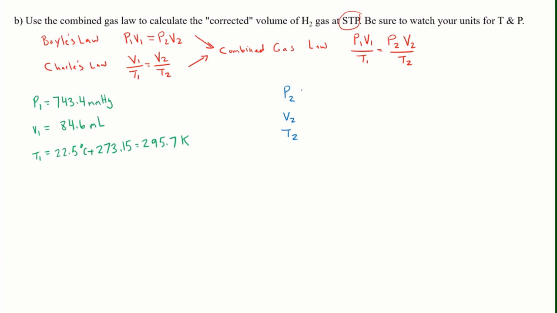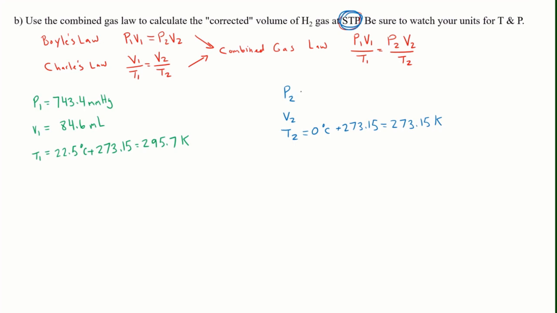Well, this here will be my standard temperature and pressure. Standard temperature is 0 degrees Celsius, or 273.15 Kelvin, because if we add 273.15 to 0 degrees Celsius, it becomes 273.15 Kelvin.